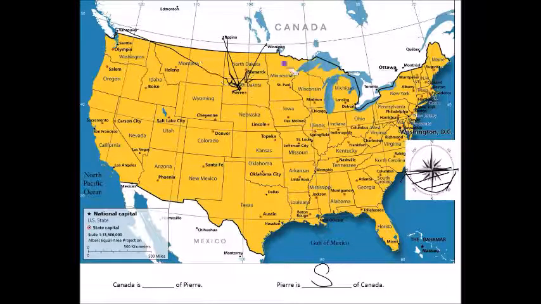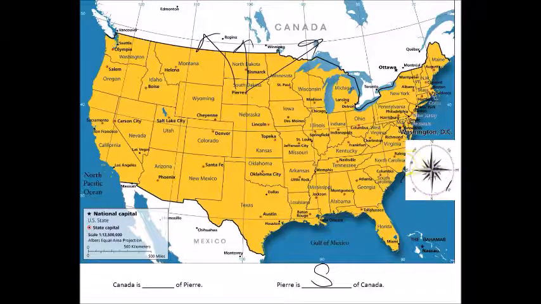Now we're looking at it the other way. Of Pierre means from Pierre. And Canada is north, and it's also northeast, northwest, and everything in between. But the reality is that Canada is from Pierre always north of it, at least in the northern portion of the compass rose, so we call it north. That's how we get away with those more confusing aspects like that.